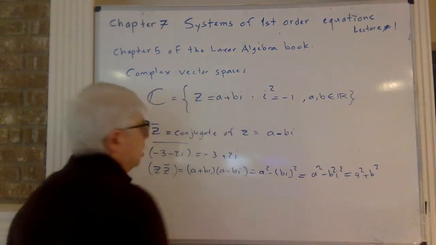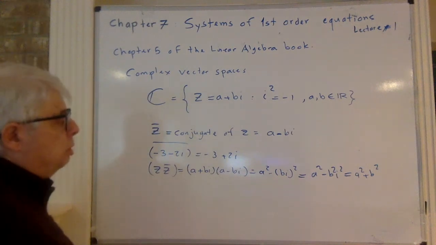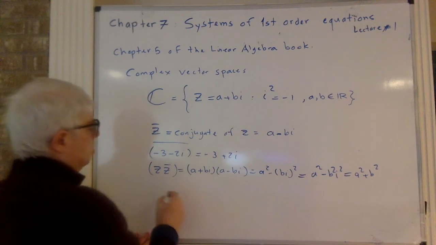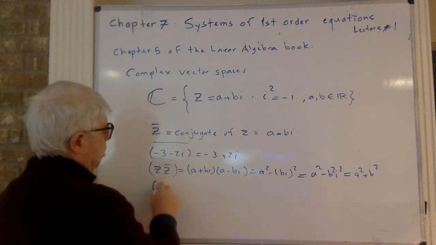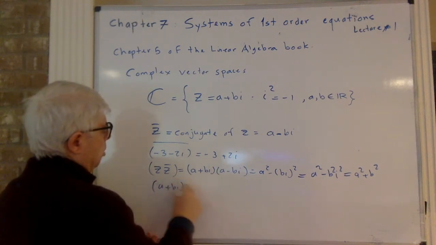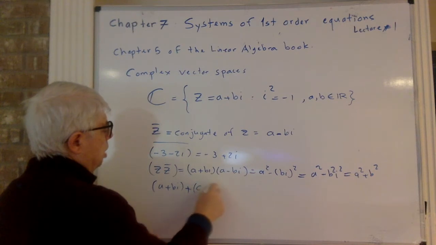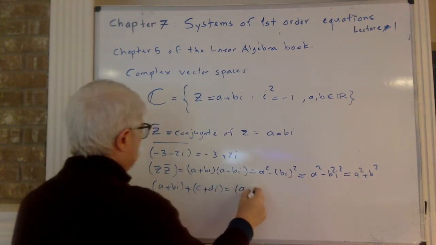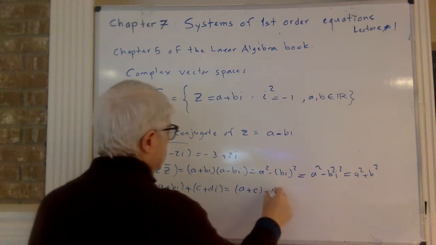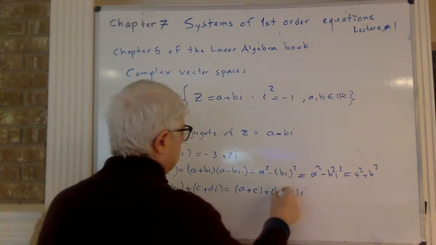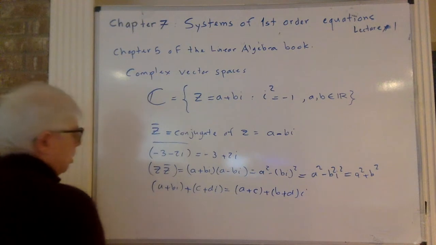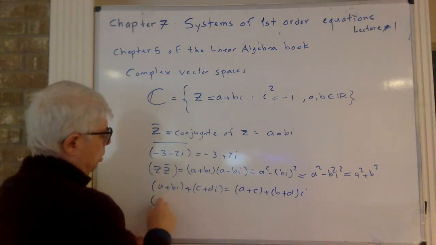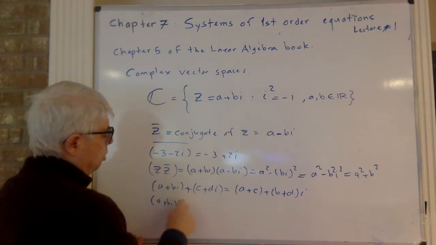We add complex numbers by just adding like that, right? So a plus bi plus c plus di, just add like that: a plus c plus (b plus d)i. And we multiply them, say a plus bi times c plus di, but be careful when you multiply.